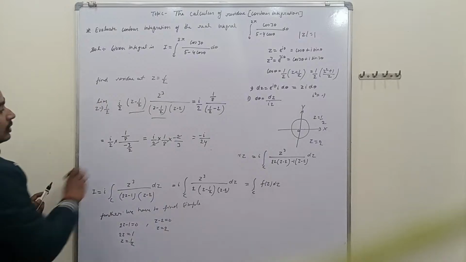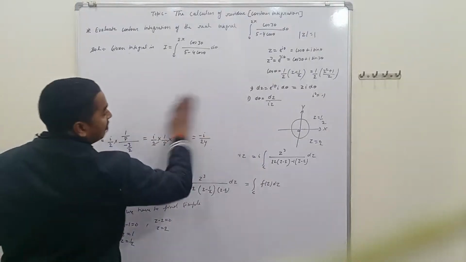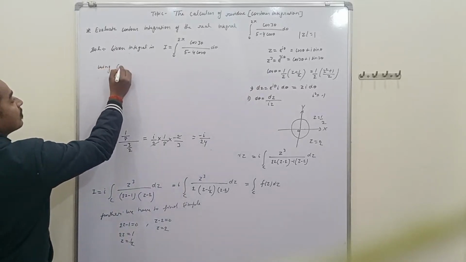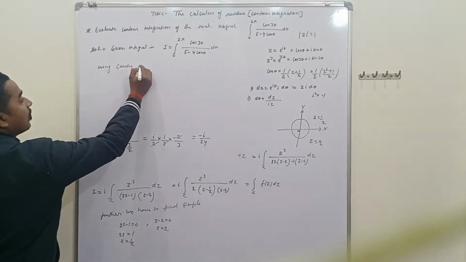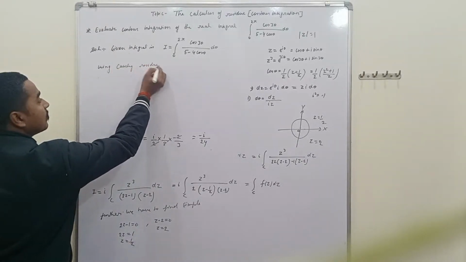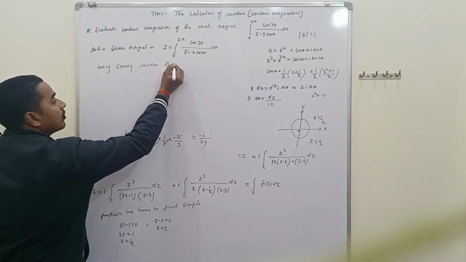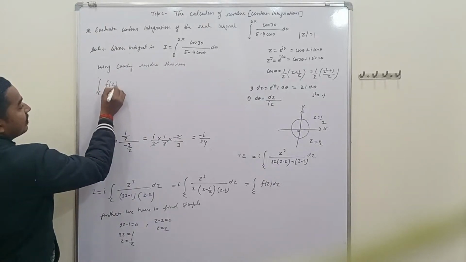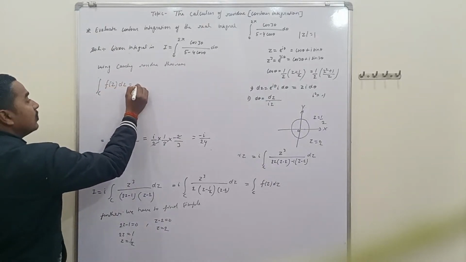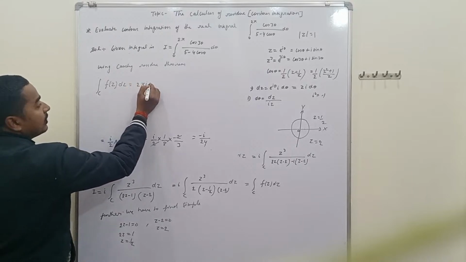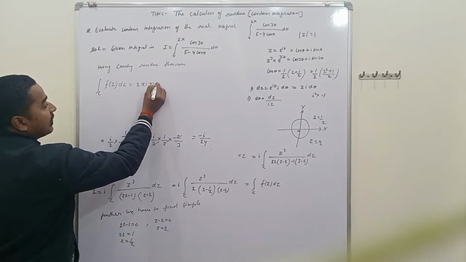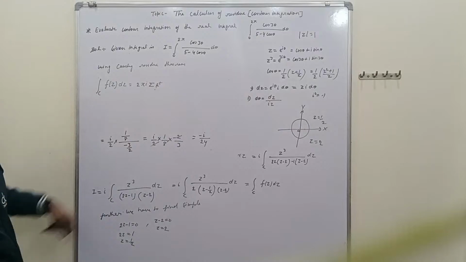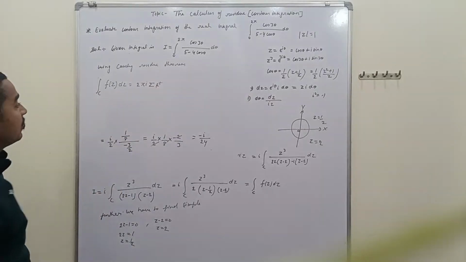Further we use the Cauchy residue theorem, that is the integral of f(z) dz is equal to 2 pi i into the sum of residues.